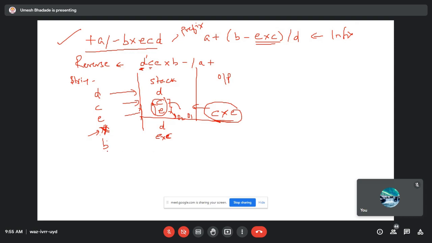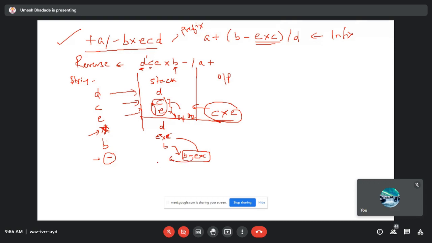Again B is coming, so B is pushed onto the stack. Then minus is coming, and minus is an operator. This is operand 1 and this is operand 2. So you pop B and you pop E into C and perform the operation minus, so B minus E into C is computed and pushed back onto the stack.